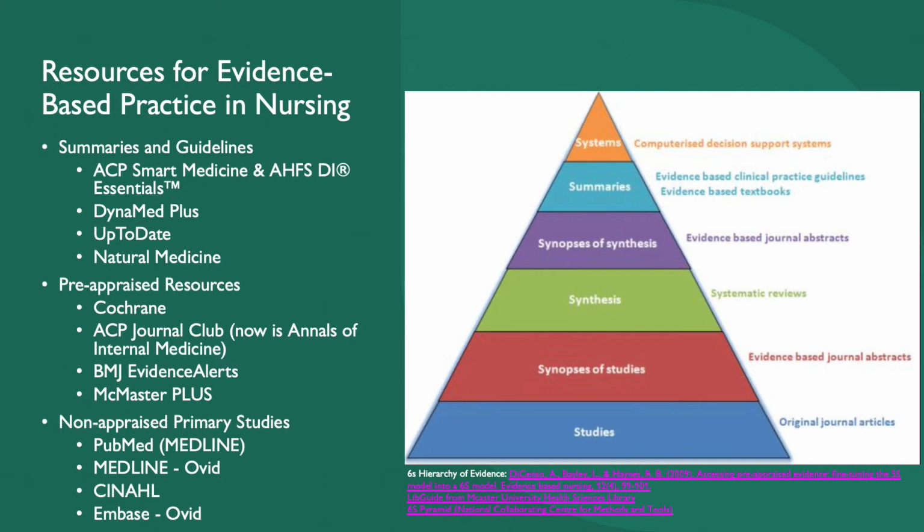There are pre-appraised resources such as Cochrane and the ACP Journal Club, BMJ Evidence Alerts, which have been around for quite some time, and McMaster Plus. And then there's the non-appraised evidence of the primary studies, and this is where you first look for evidence, and those are things like PubMed, Medline, CINAHL, and Embase, which you have all used this semester.